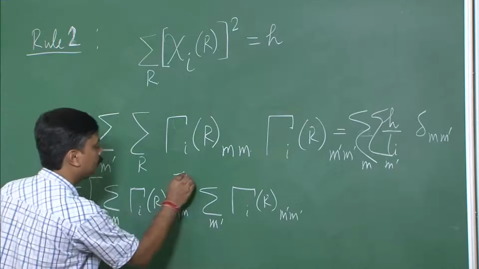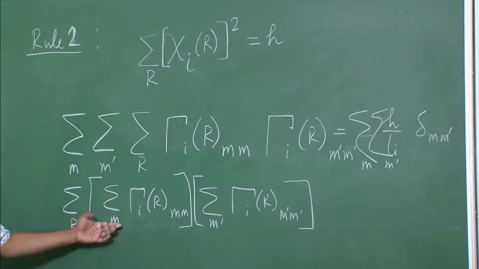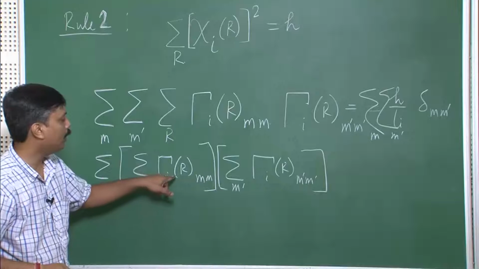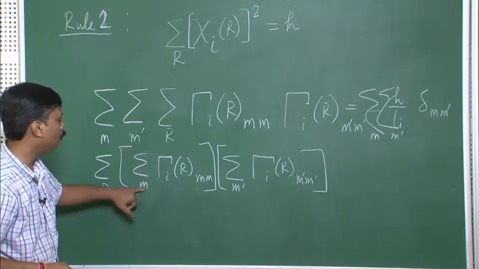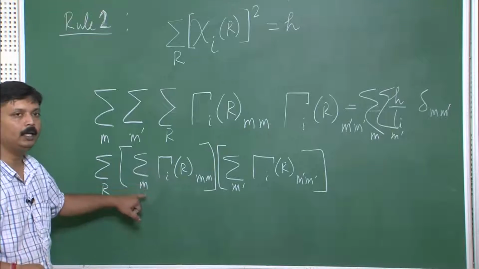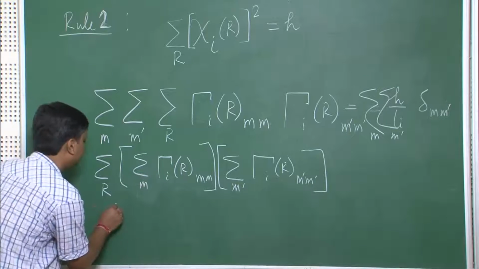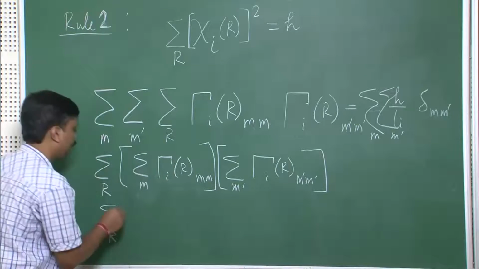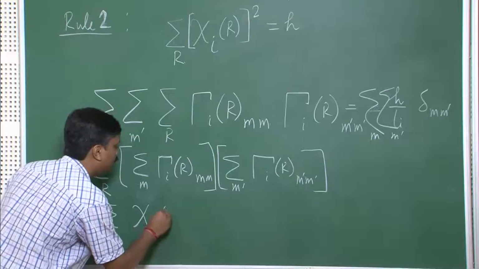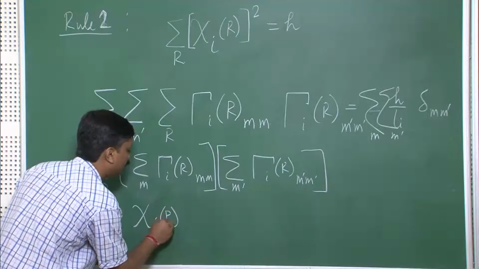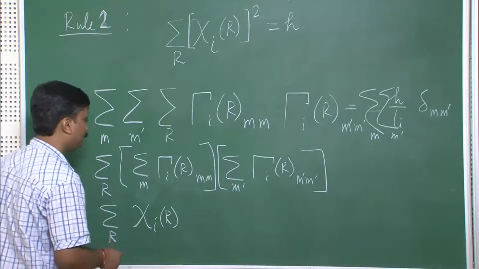What does this give me? Gamma_i(R)_mm means the diagonal element, and I am summing it over m, so it will give me the trace of the matrix, that is the character of the representation. This is nothing but the character chi_i of the symmetry operation R for the ith irreducible representation, correct?